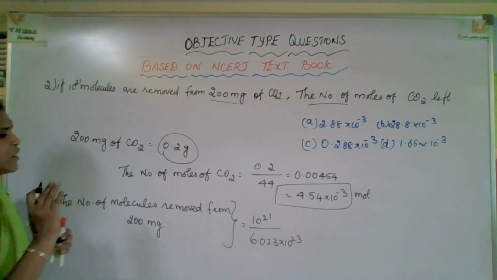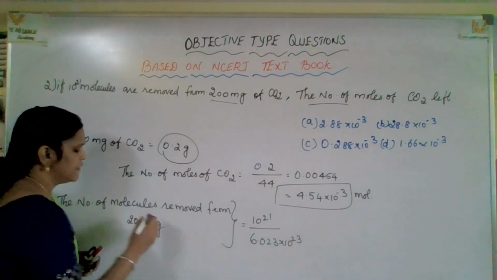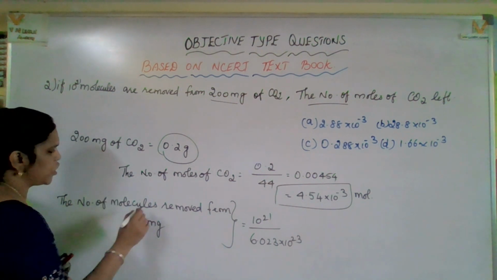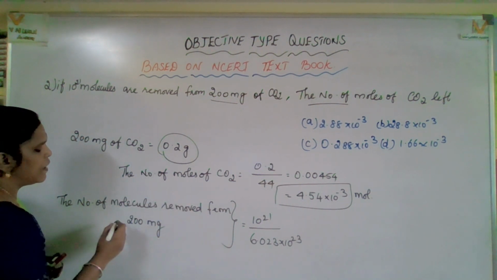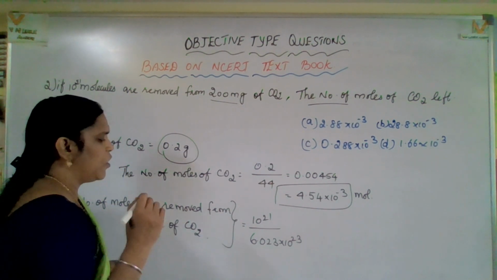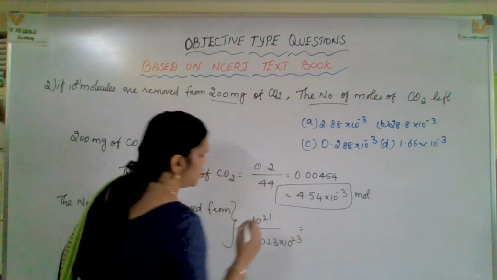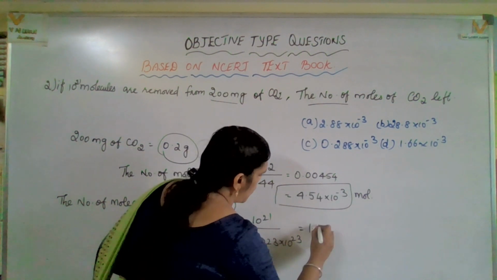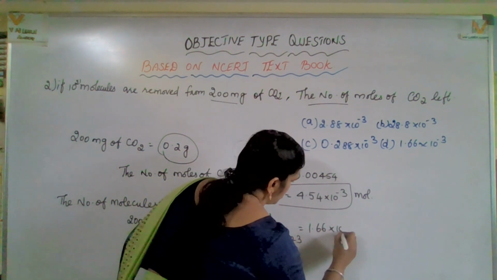That gives the number of moles of carbon dioxide removed. What is the answer? You will get 1.66 into 10 to the power of minus 3.